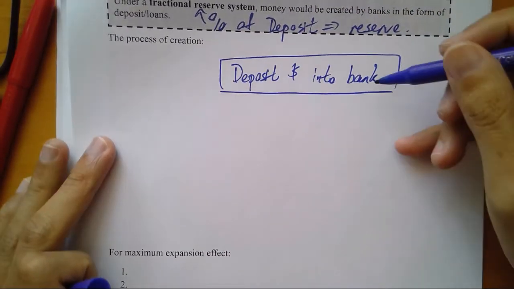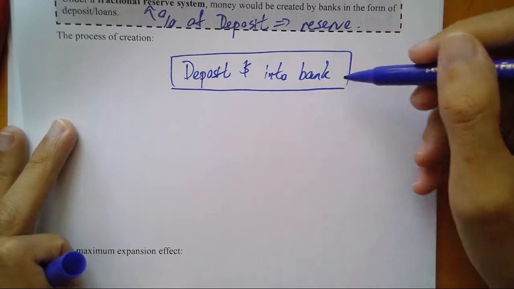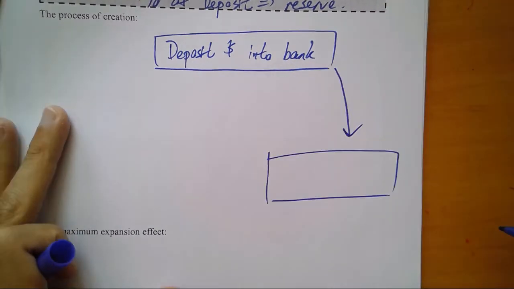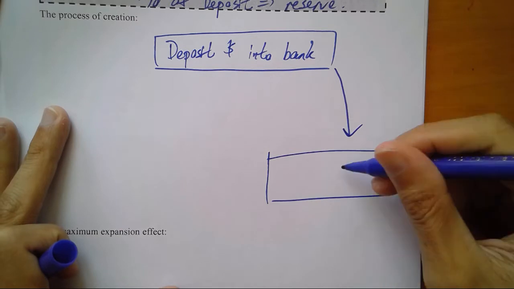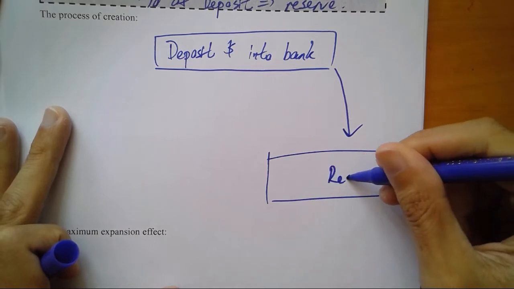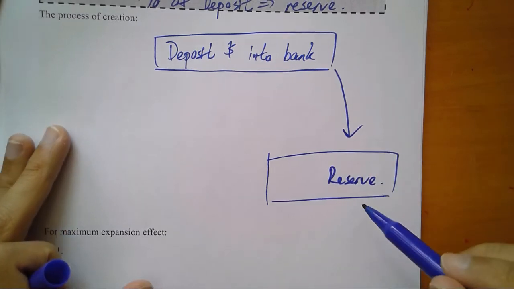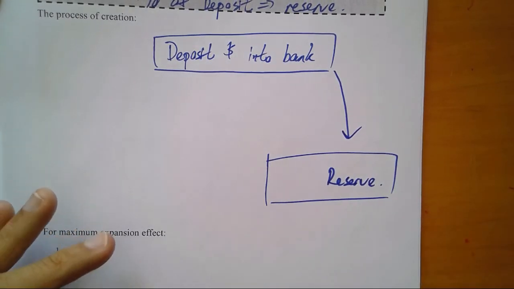Now, remember step 2. When can the bank loan out money, right? They can loan out only if they have reserve. And the more important thing is not reserve, because they cannot loan out all the reserve.